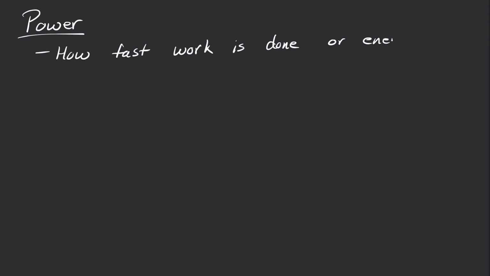The rate at which we transfer energy, or the rate at which we do work, is called power. So this is how fast work is done. So work is done, or energy is transferred.